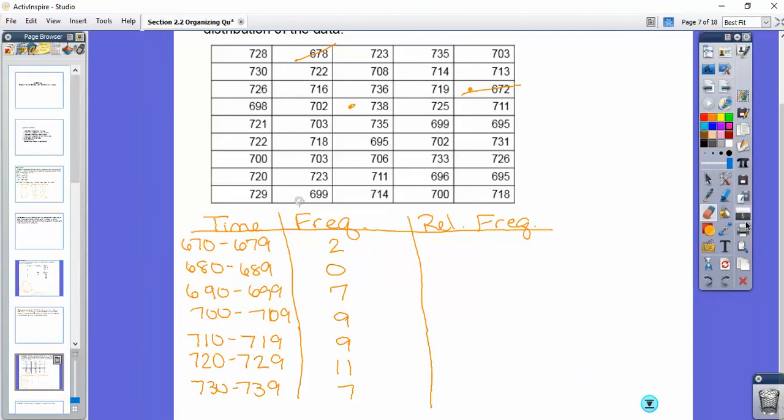Alright, relative frequencies. How many data points do we have? 45.